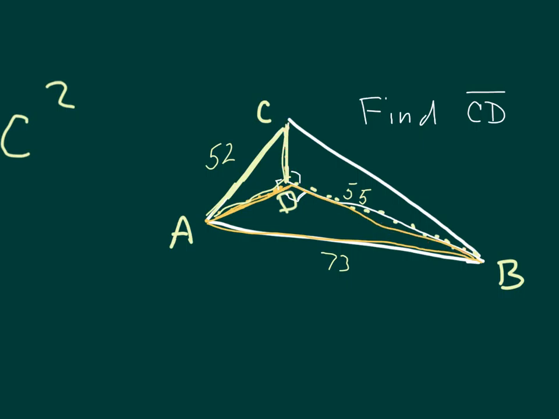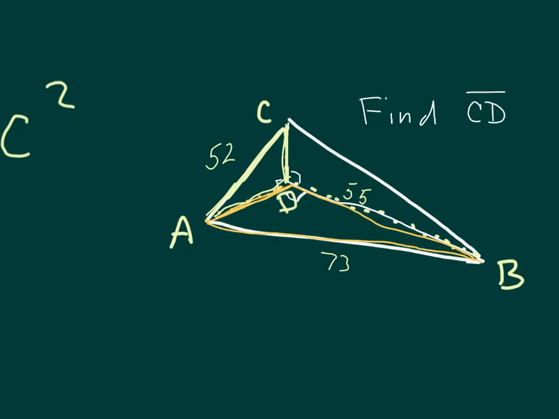We have 55 here and nothing there. Is it the pale yellow one? We have 52 here, nothing for that side, and nothing for that side. Or is it this orange one down here? We have nothing here, 73 here, and 55 here. So this is the triangle we're going to use the Pythagorean theorem for.